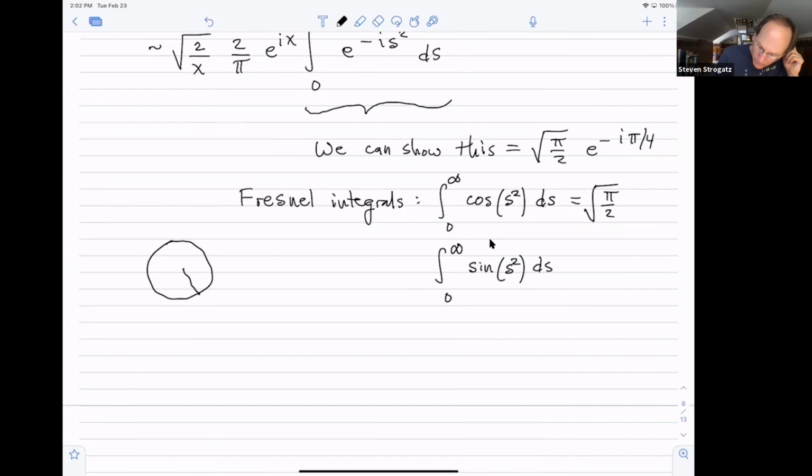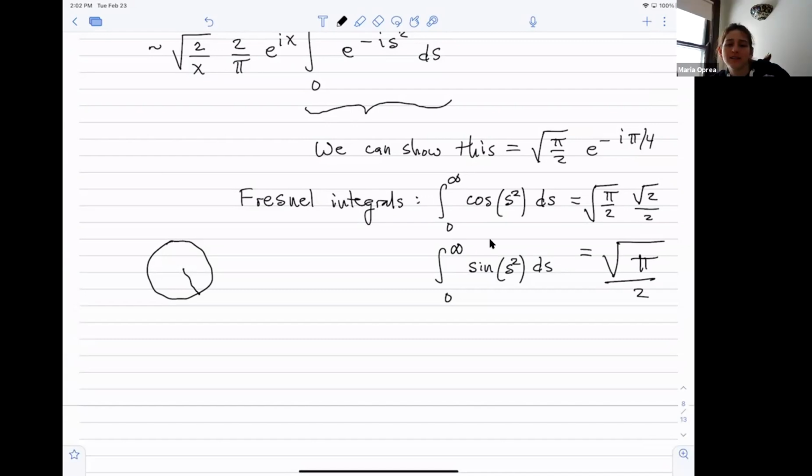So it's got to be square root of 2 over 2, right? So then that simplifies. Square root of pi all over 2. Have I done that right? Yeah. I hope that's right. I think that's right.